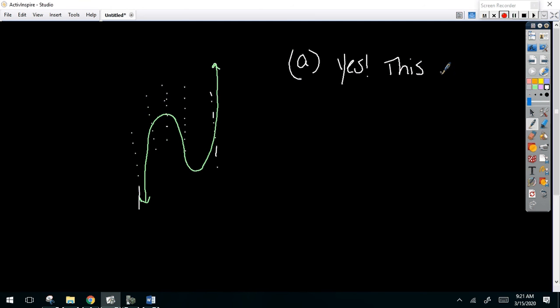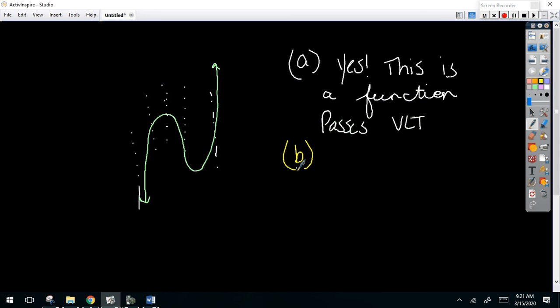This is a function, and the reason is because it passes the vertical line test. Now for part B, it asks us if the inverse is a function. This one's a little bit different, because remember, on the first part, we were switching x and y for the inverse. So here, if I think about things switched around, instead of a vertical line, I'm thinking about a horizontal line.